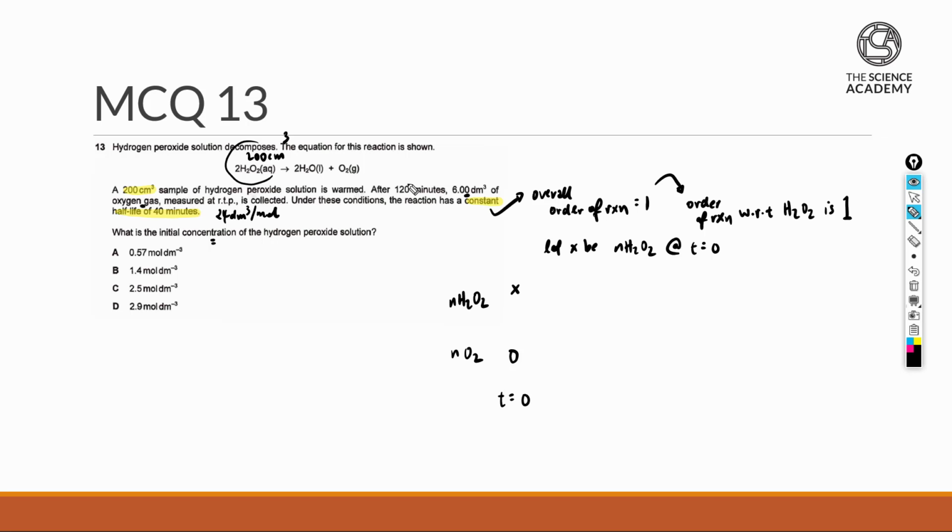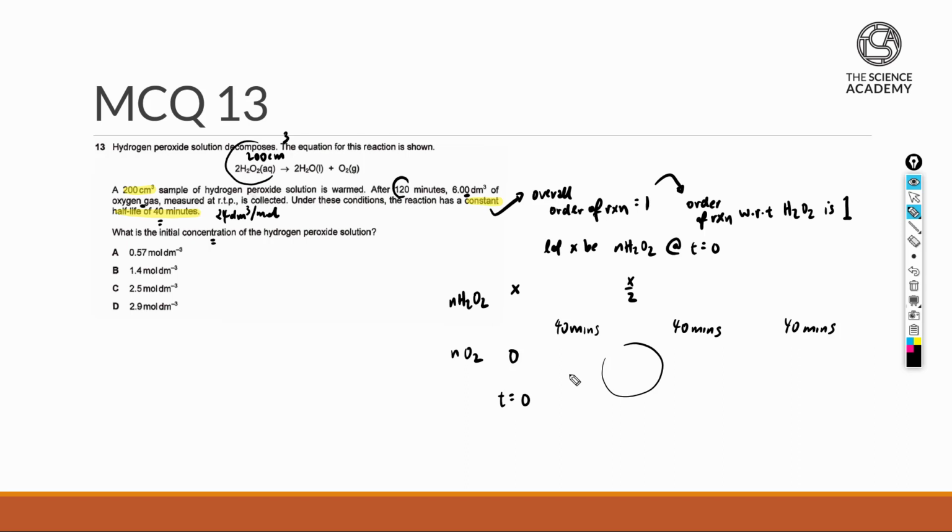Again, at 120 minutes, and knowing that it has a constant half-life of 40 minutes, that means we're looking at 3 sets of half-life. So I'm going to put the 40th minute, another 40th minute, and another 40 minutes as well. It's quite straightforward that for peroxide, when it halves, it becomes X over 2. So the trick is really on filling up for oxygen.